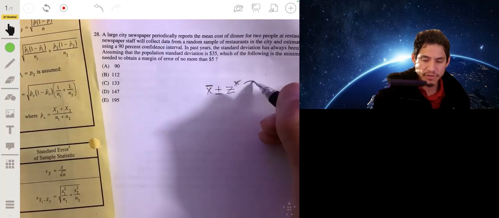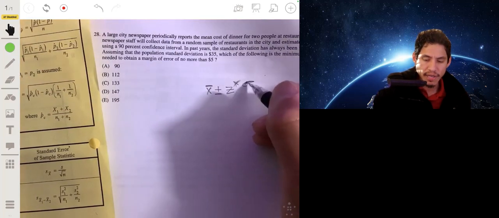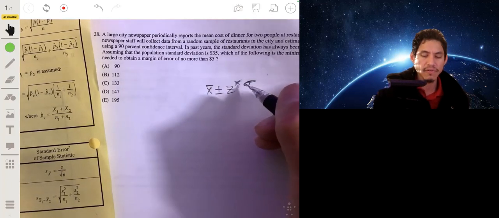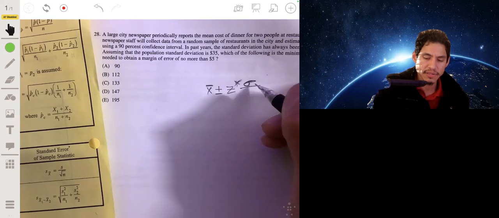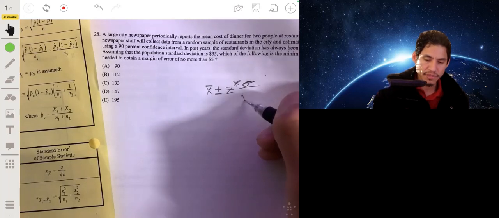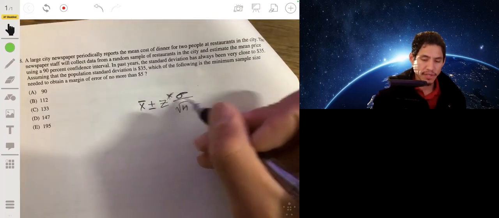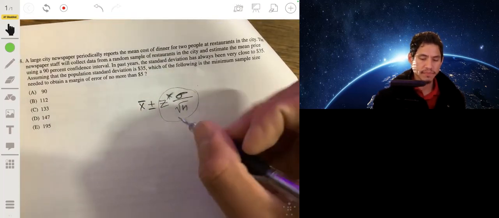So the confidence interval can be made as x bar plus or minus the critical value Z star times the standard deviation over the square root of the sample size. Remember, only this part is the margin of error.